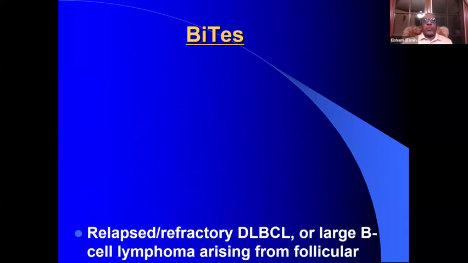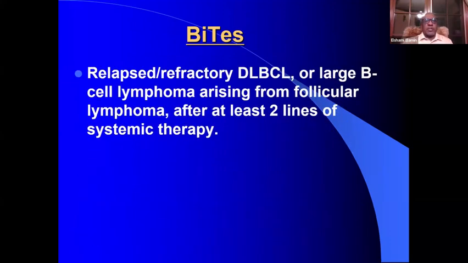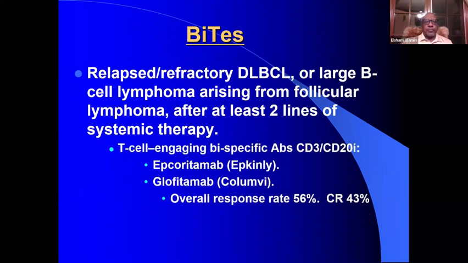Okay, so BiTEs. BiTEs are used for refractory or relapsed diffuse large B-cell lymphoma or large B-cell lymphoma arising from follicular lymphoma after at least 2 lines of systemic therapy. So I think very soon it's going to be moved to, not front line, at least the second line, but now it's at the third line.